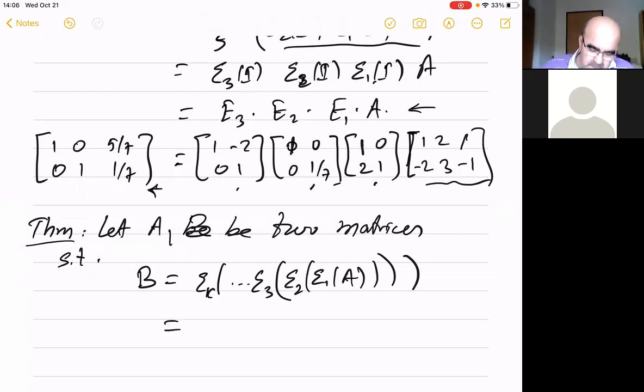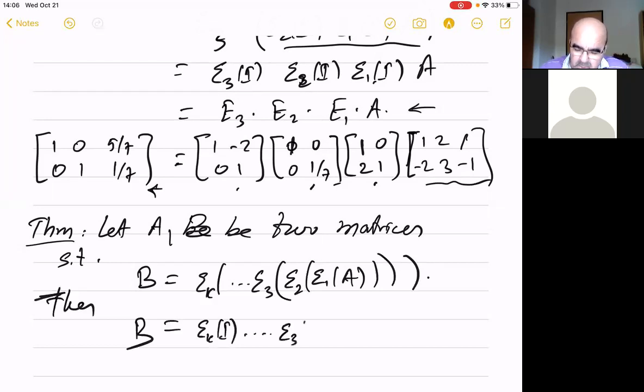Then we may write B as epsilon k times identity, and then epsilon 3 times identity, epsilon 2 times identity, epsilon 1 times identity, and then matrix A. These are elementary matrices.